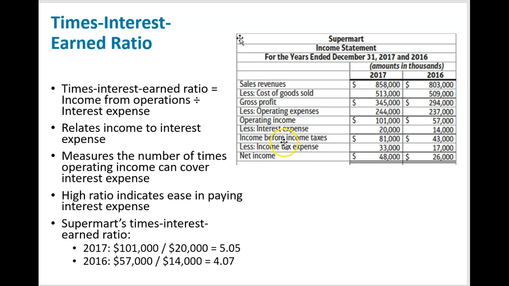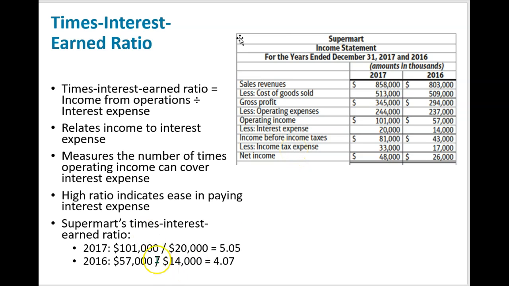These are non-operating expenses. In other words, these don't have to do with the operation of our business. So we're taking income from operations, or operating income, and dividing it by interest expense. That's the number of times operating income can cover our interest expense, and we want that number to be high.